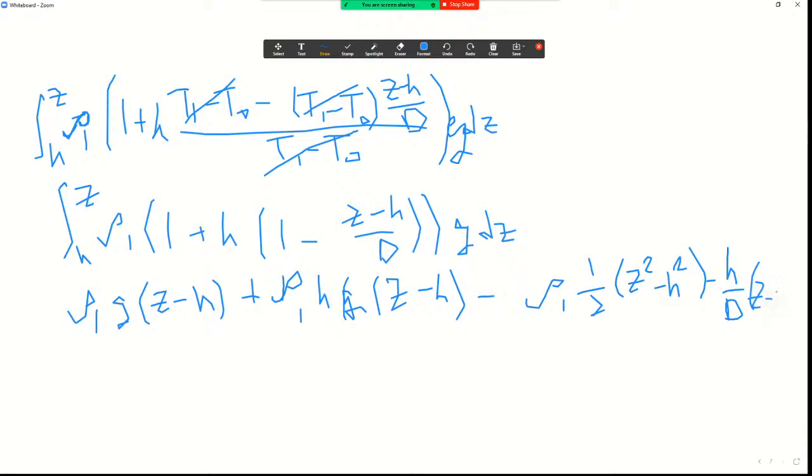Wait, okay, this is messy. Let me try to simplify this. One sec. Yes, we can common out z minus h. And also rho 1.